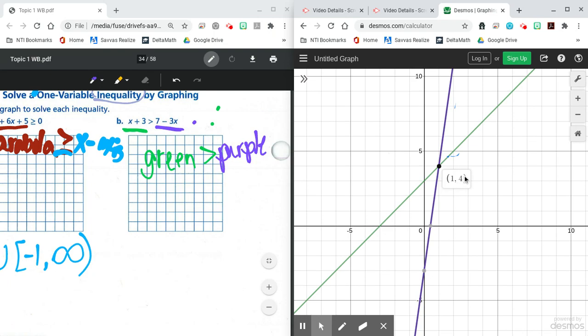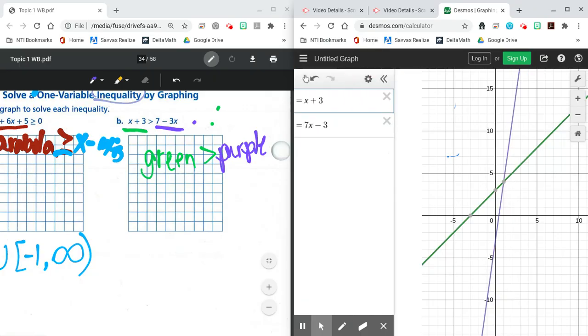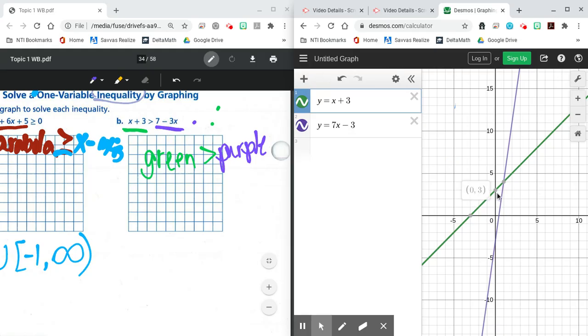The y values here are both 4. Let's say when x is 0 on the green graph, the y value is 3. When x is 0 on the purple graph, the y value is negative 3. So you see how the y value is higher for the green here than the purple?